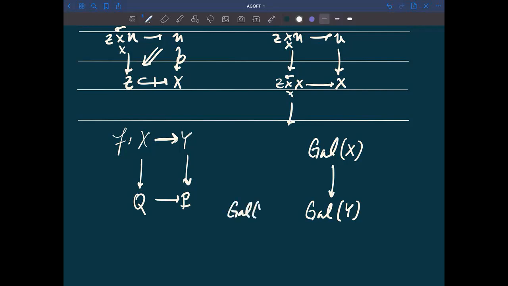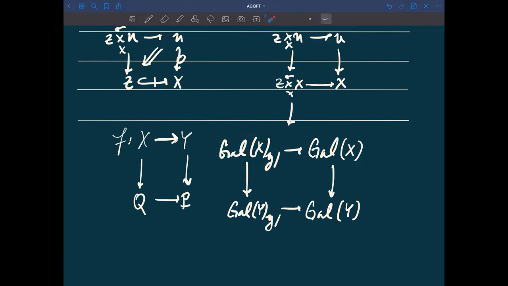So you look at Gal of, let me do it this way around for reasons. And then you look at the fiber product. I'll call it Gal X Y over, even though that's bad notation. And if, for any map between the two Y's, these things are the same, then this is the homotopy fiber of this map.